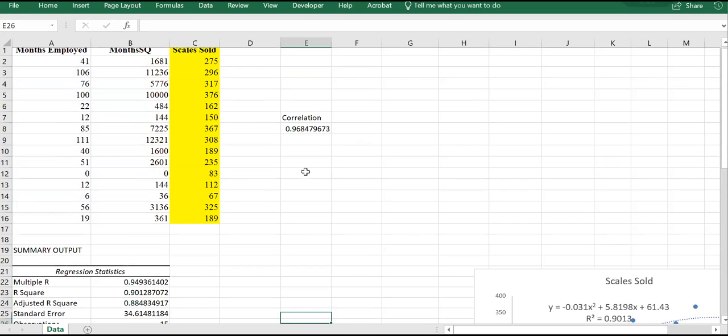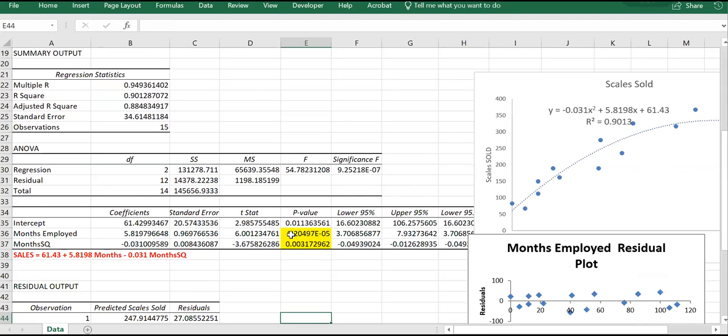But that's not a problem because both p-values are less than 5%. Even though multi-collinearity exists, which we knew, since p-values are less than 5%, that's not a problem, right?